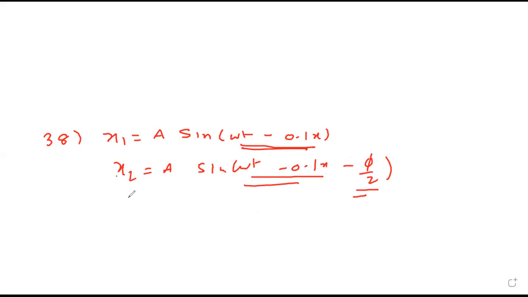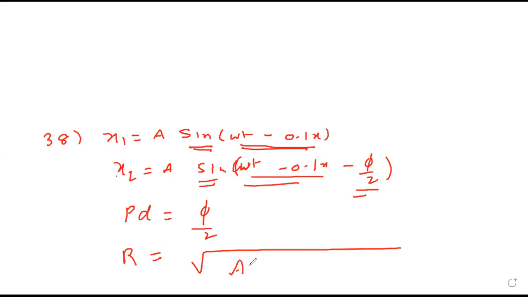That is called phase difference. So phase difference is the first one's angle minus the second one's angle. Is it 5 by 2? If both are not sine, one sine and one cos, then difference plus 90 is the phase difference. So I want the resultant amplitude of the combined wave, phase difference is 5 by 2.